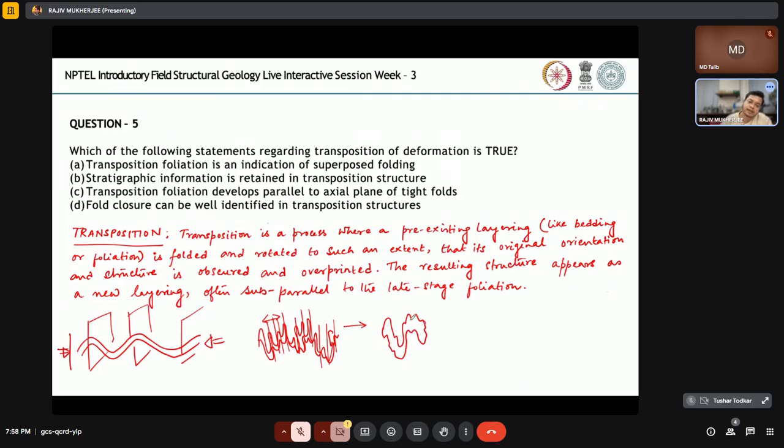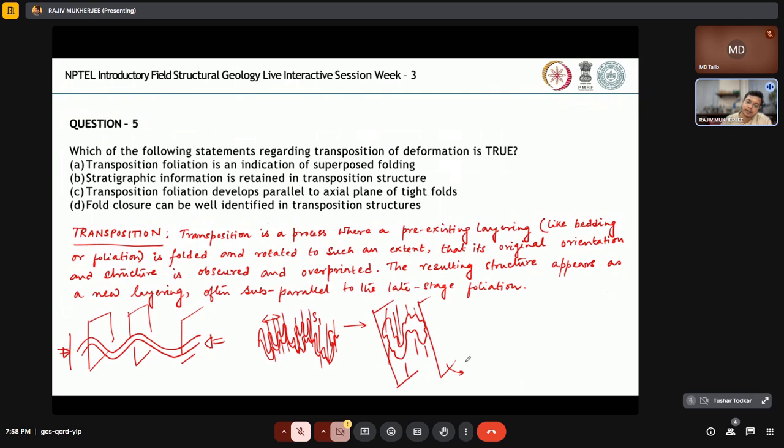Through thorough deformation and continuous compression and shearing, the initial S1 cleavages will be completely obscured. That means we will not be able to see such a thing, and a new foliation plane will be overprinted on this structure.